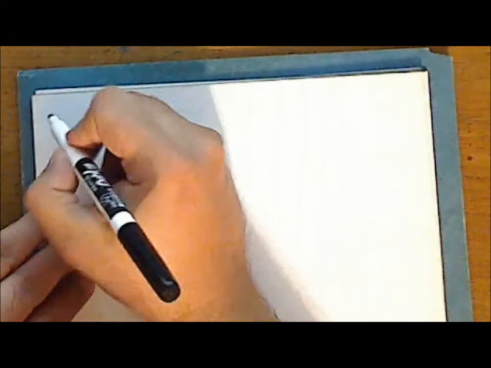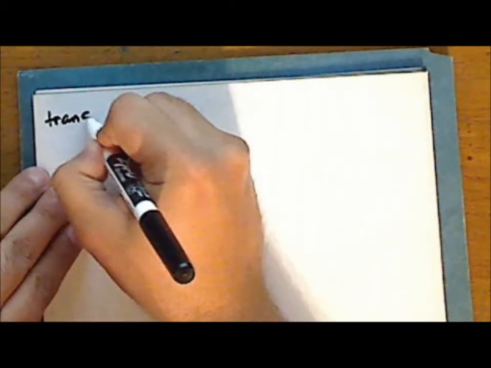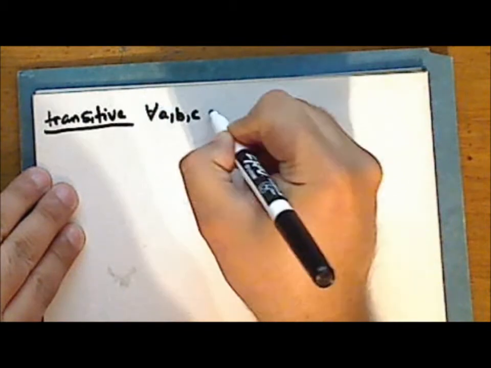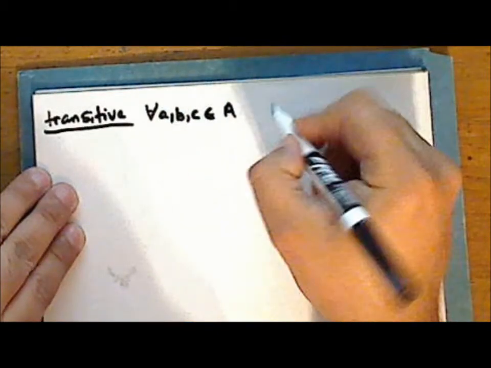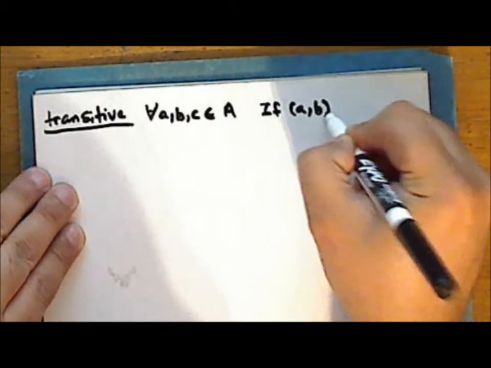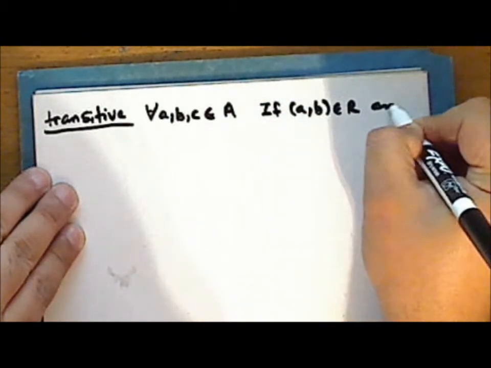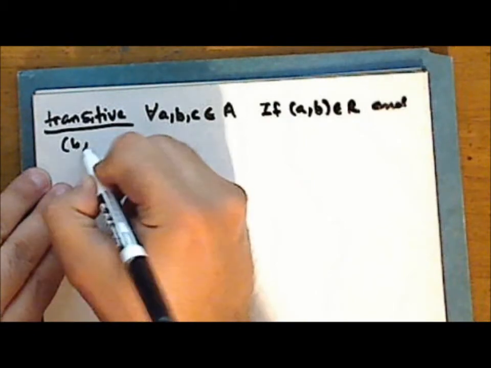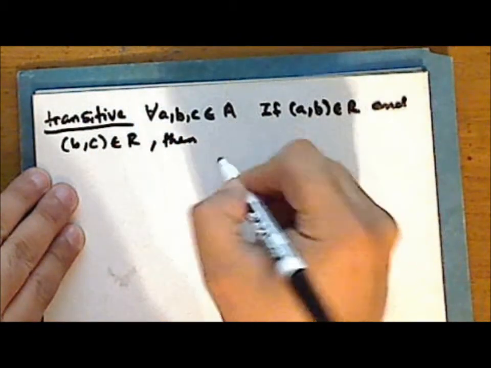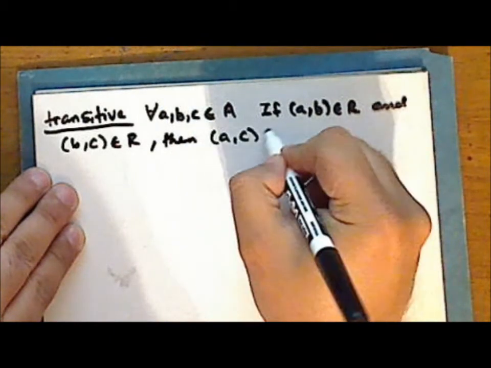And the final property we'll look at is the transitive property. A given relation is transitive if it is true that for every three elements a, b, and c in the set, if the ordered pair (a, b) is in the relation and the ordered pair (b, c) is in the relation, then the ordered pair (a, c) is in the relation.